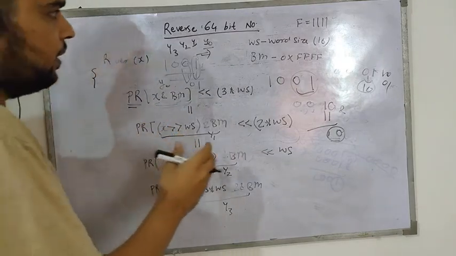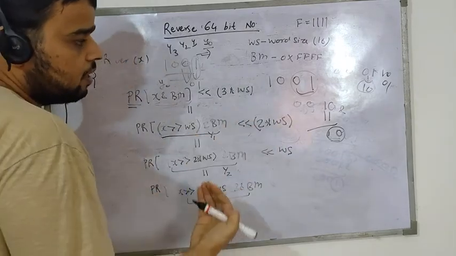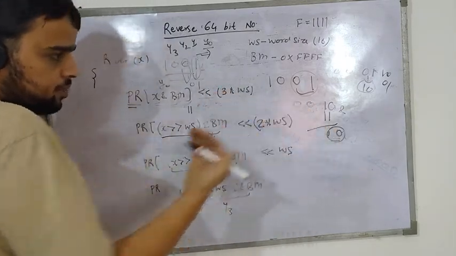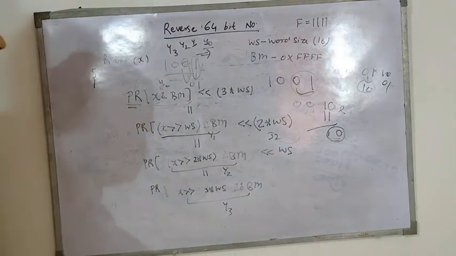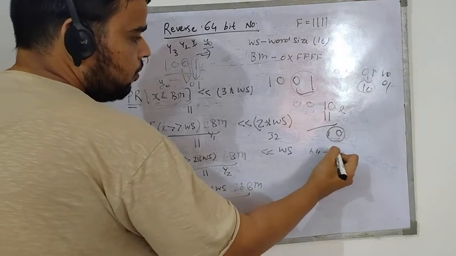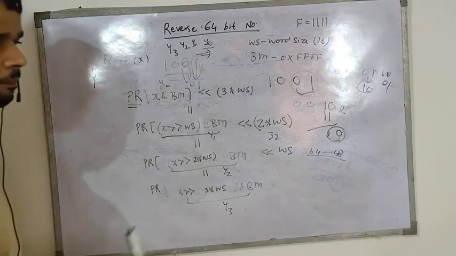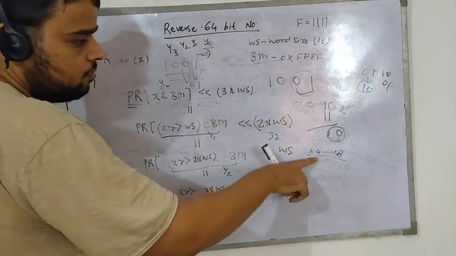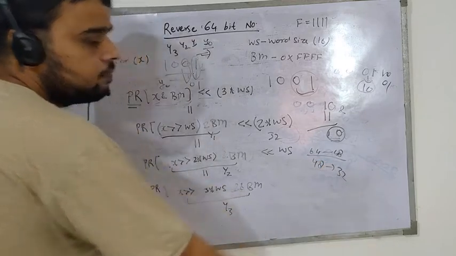So after calculating, I need to place this. For placing it to its exact position, I need to do a left shift with the size of 32, because from 64 to 48, I have already placed the 16 bits, and now I need to place 48 to 32.